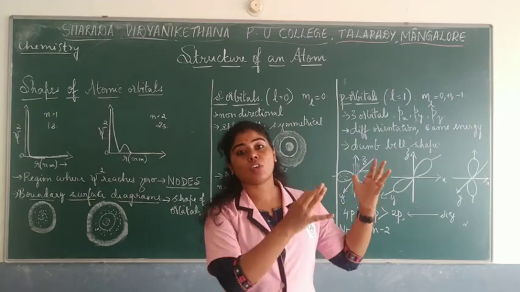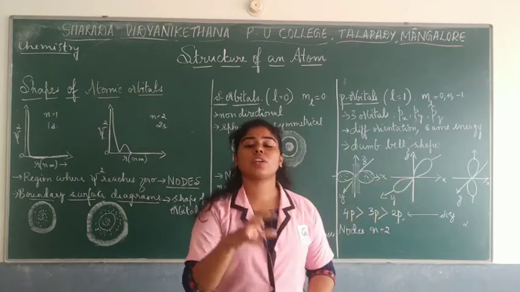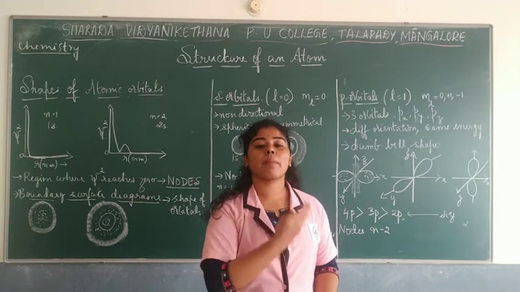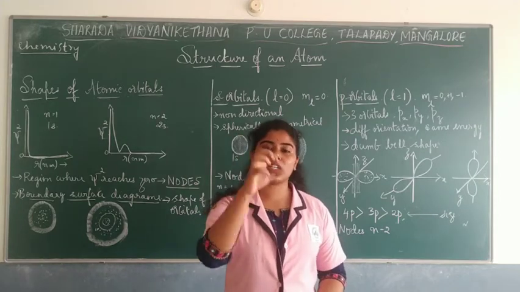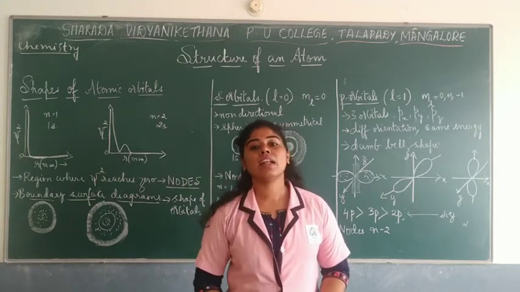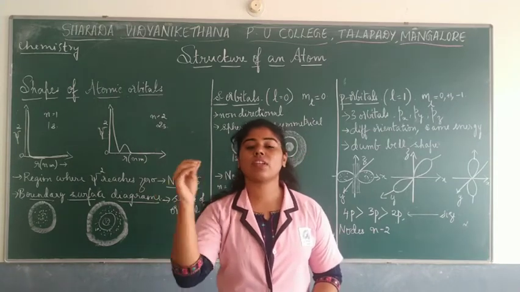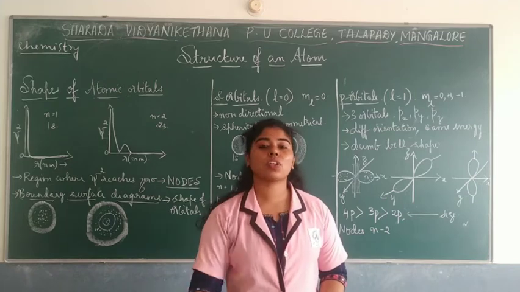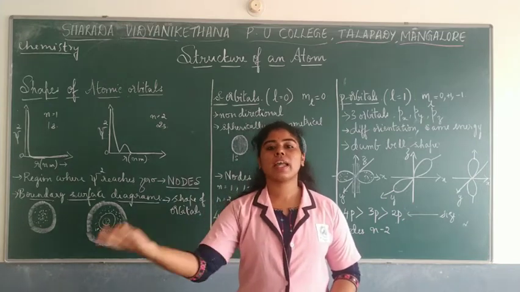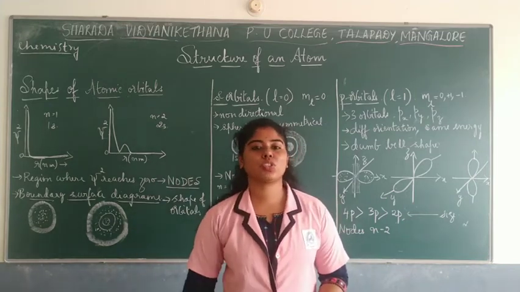We started from Thomson's model, the plum pudding model, then we came across Rutherford's model, which was the discovery of the nucleus. Then there was Bohr's atomic model, where he says that electrons travel in fixed orbits, but it was proved wrong, and then we have the quantum mechanical model, which we are talking about.